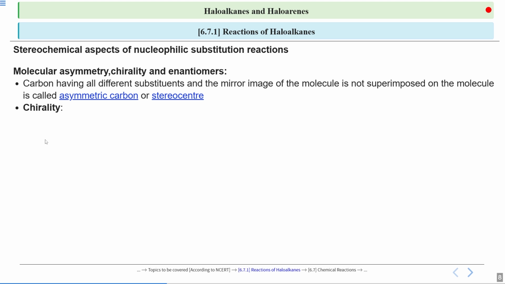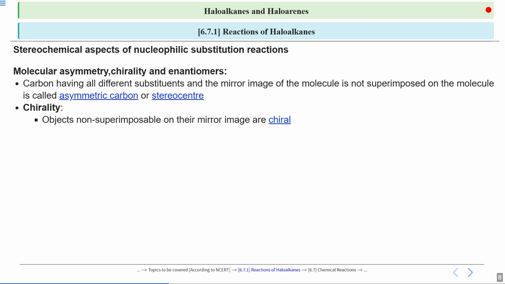Now let's talk about chirality. Objects that are non-superimposable on their mirror image are known as chiral compounds or chiral. So for any object, let's say you are taking a circle, you make an image of that circle by putting a mirror in between.